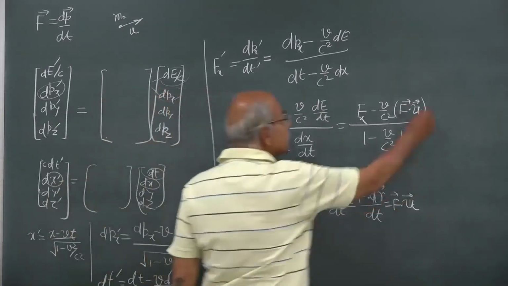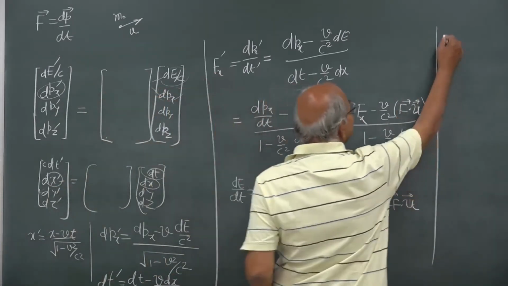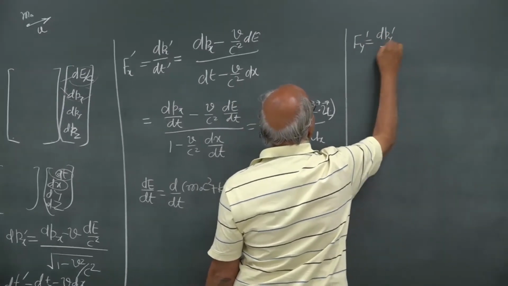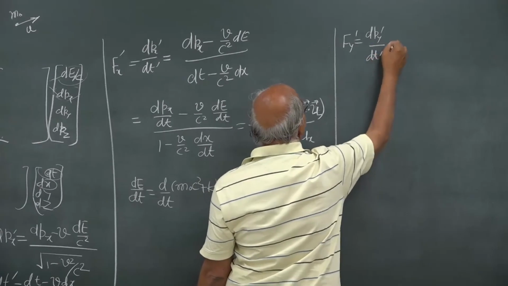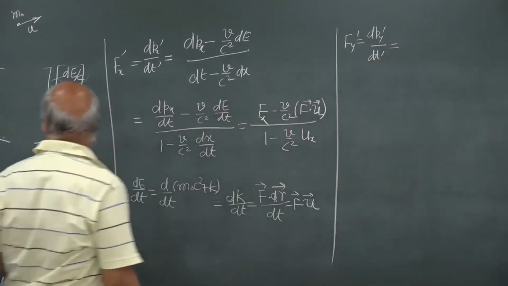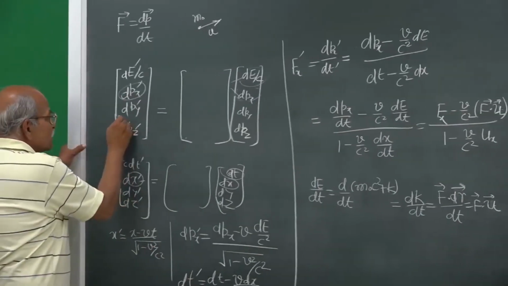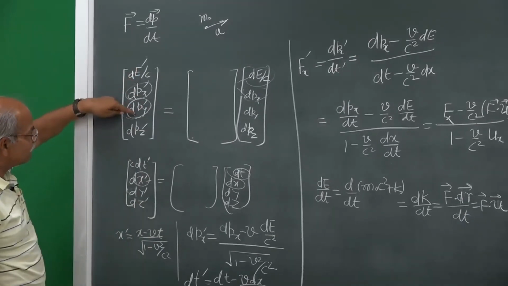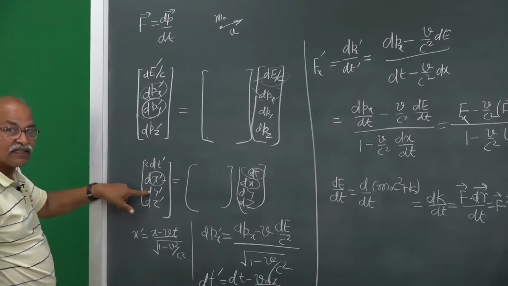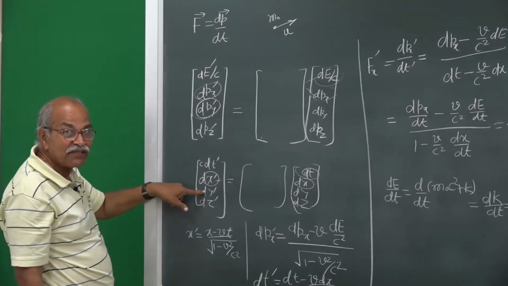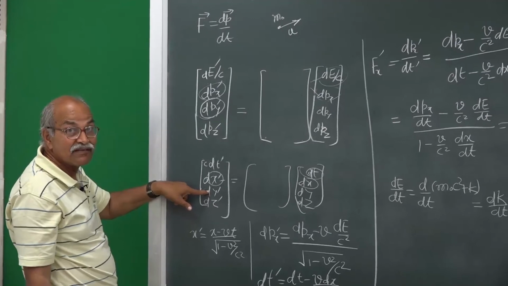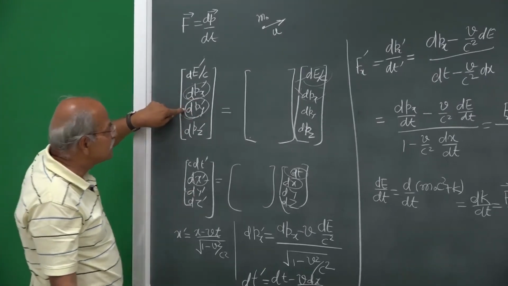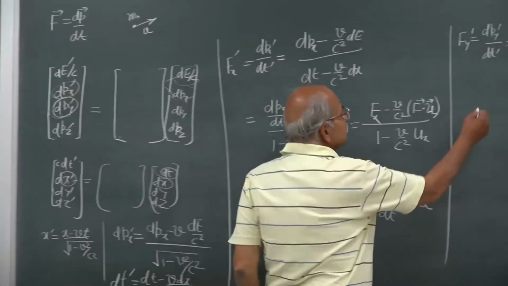And for the y component transformation, fy prime will be dpy prime divided by dt prime. And what is dpy prime? This is the third component in this 4 vector. dy prime is equal to dy, y prime is equal to y. Similarly here dpy prime will be just dpy.